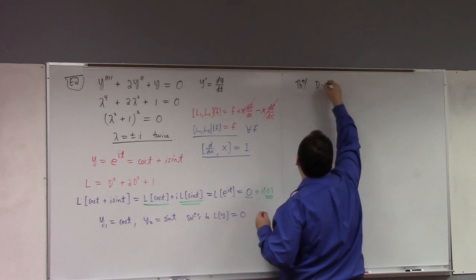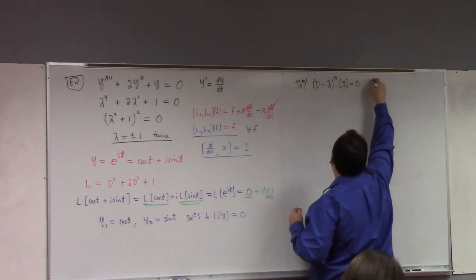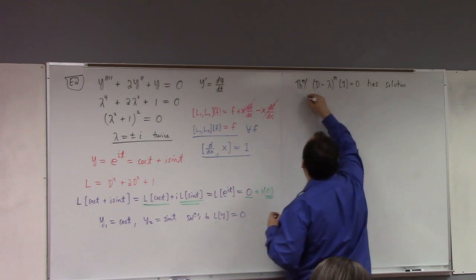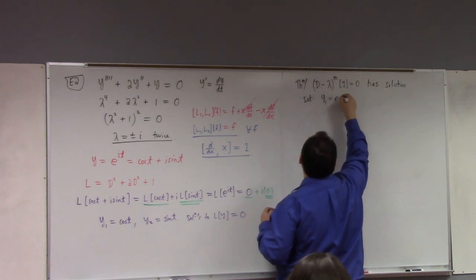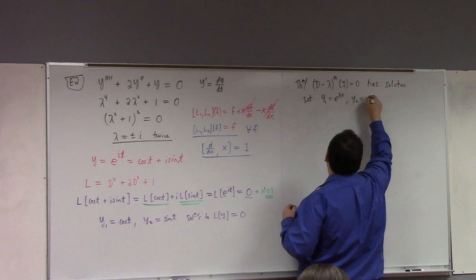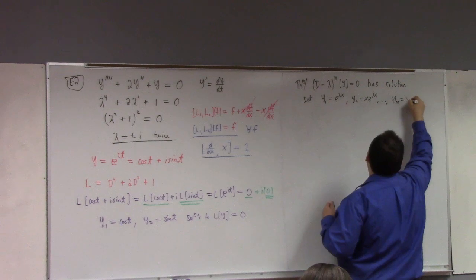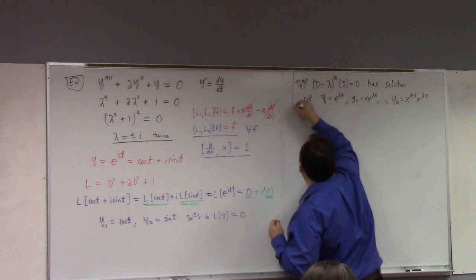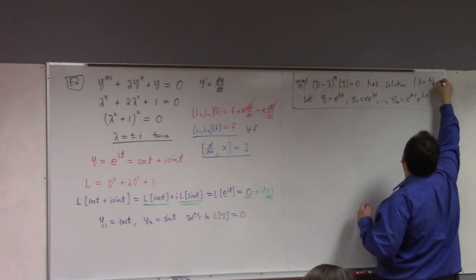D minus lambda to the m power acting on y equals 0 has solution set y1 equals e to the lambda x, y2 is x e to the lambda x, dot dot dot, ym equals x to the m minus 1 e to the lambda x. So here, I'm saying D is d dx, okay?